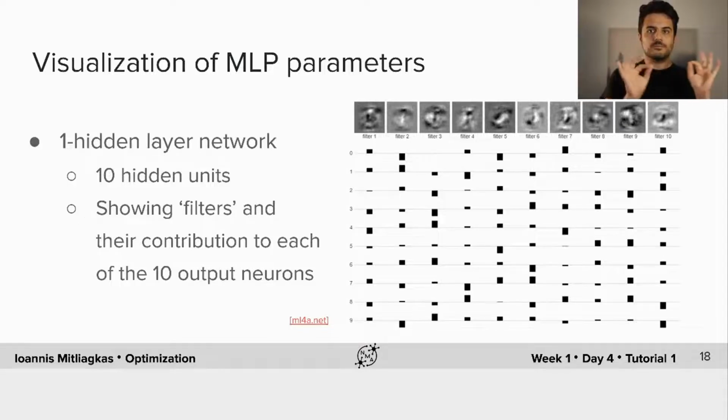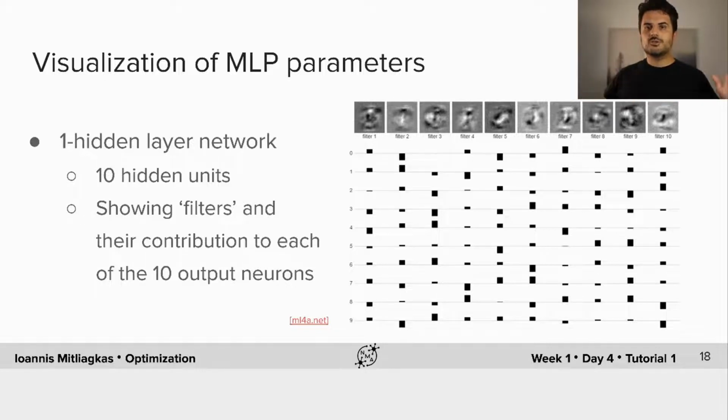Part of one little thing that you will see in your lab is this visualization exercise. So I will try to explain the basics, but you will see more on your notebooks. So how do we visualize MLP parameters? It can be helpful for debugging, etc. So imagine we have a one hidden layer network, right? Input, hidden layer, output.